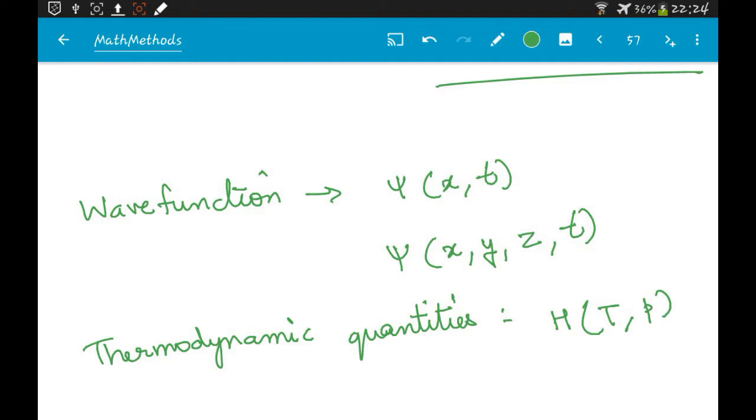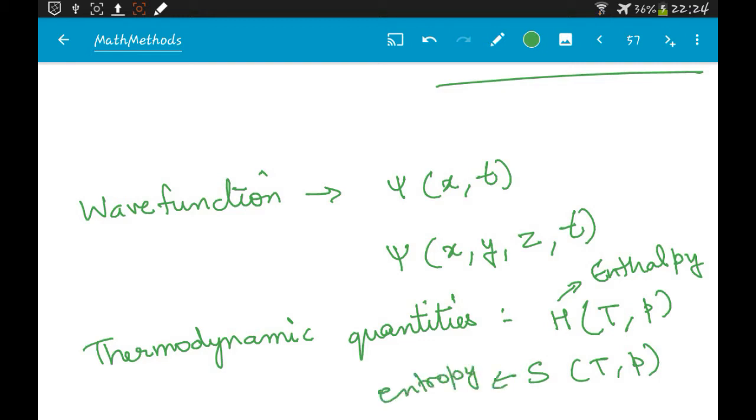I hope you guys remember and have not forgotten thermodynamics. Then this is entropy, which is again a function of temperature and pressure. In all of this, we actually used multivariable calculus when we carried out the partial differentials of these functions.